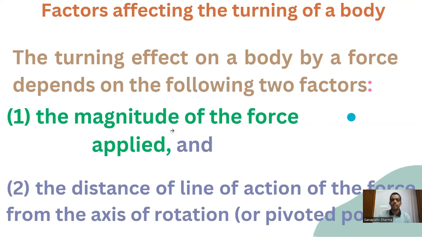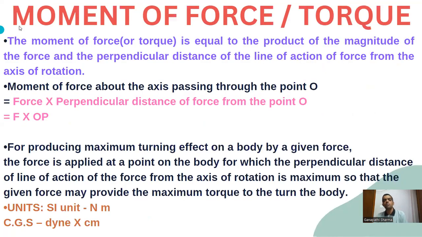Let's move fast so that it will be a quick recap for us. Moment of force or torque: what exactly is it? The moment of force is equal to the product of the magnitude of the force and the perpendicular distance of the line of action from the axis of rotation.